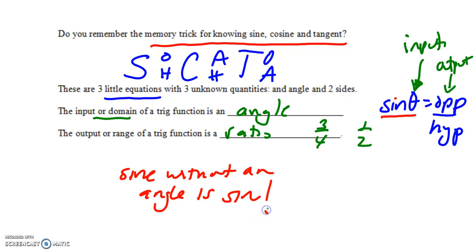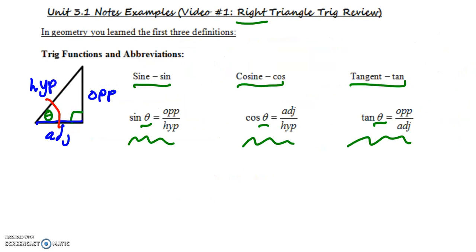Now, is that really a sin? Of course not. It's just a nice little memory trick to remember that sine without an angle means nothing. So if I go back to the previous slide for a minute, here, sine without this angle means nothing. Cosine without that angle means nothing, and tangent without that angle also means nothing, because then you would not know where you're looking from in your right triangle.